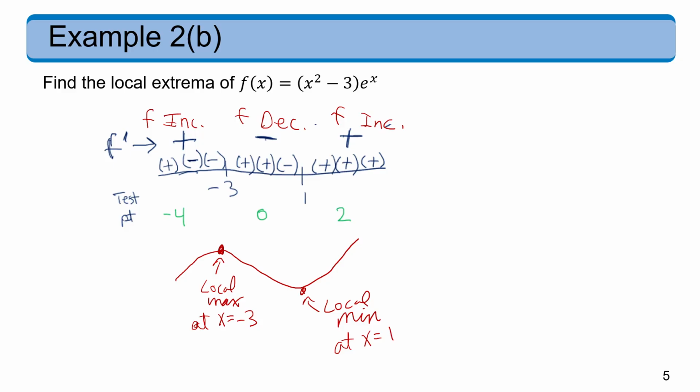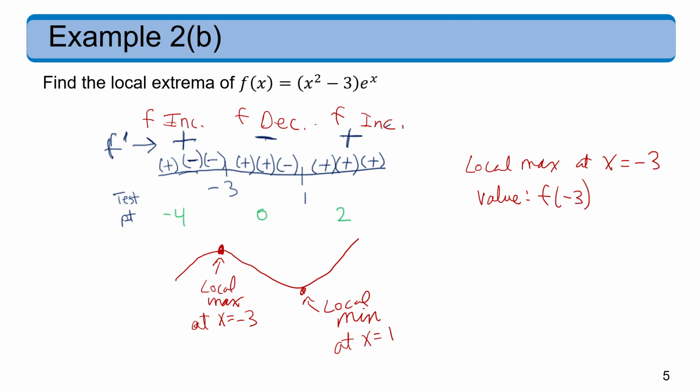So we didn't find the y-coordinates, but we could, right? If you wanted to know the y-coordinate for our local max, which is at x-coordinate -3, to find the value of that local max, it's just the y-coordinate associated with -3.